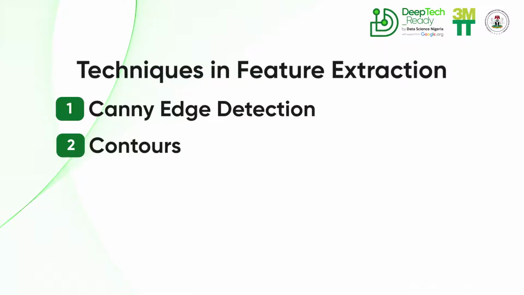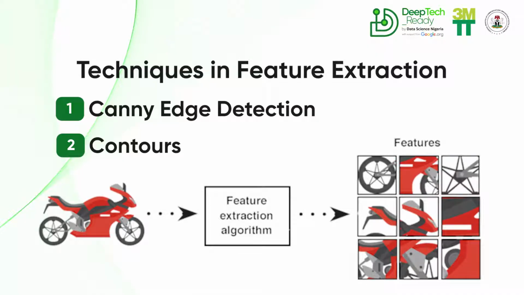As you can see, with respect to the motorcycle, the rear tire is extracted, the front tire is extracted, the rear wheel, the front wheel, the pedal, and every other detail that has to do with the motorcycle is all captured on the right after being passed through a feature extraction algorithm. So it's a very interesting field when it comes to computer vision.